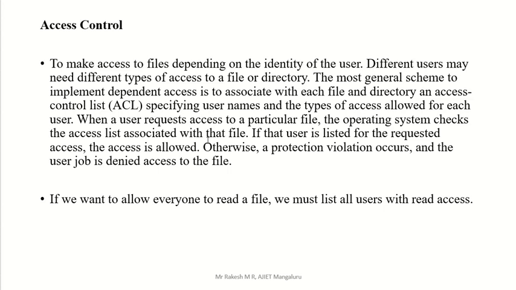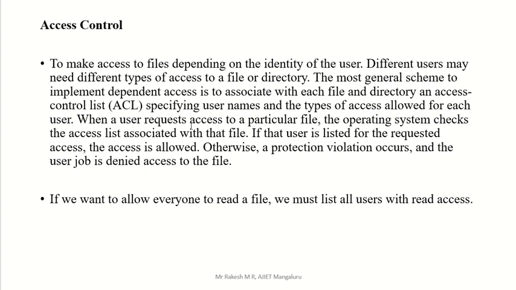We can give any one type or all the types of access to that particular user, that is possible. So for each file, the username and type of access we have to store in the ACL, then only that is possible.